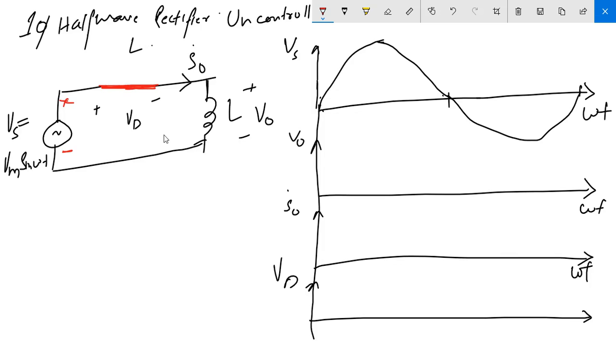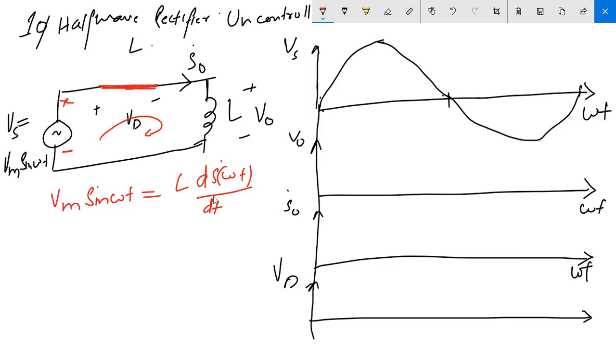So if you apply the KVL equation, what will you write? You can write Vs, Vm sine omega t, is equal to V naught. So V naught is L d I of omega t upon dt, because I will be a function of omega t.